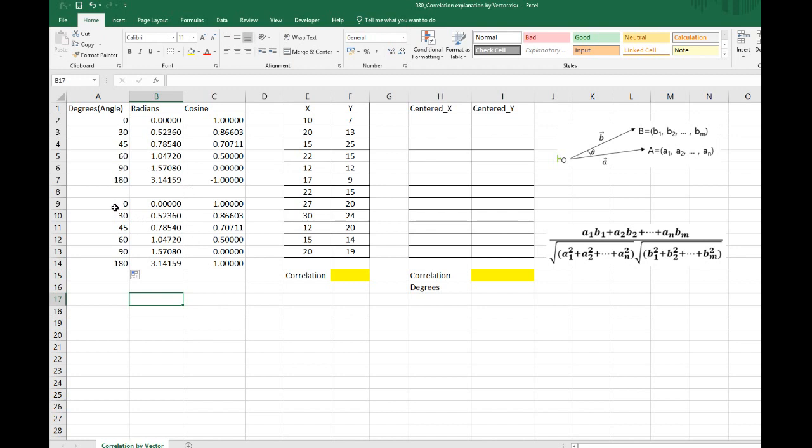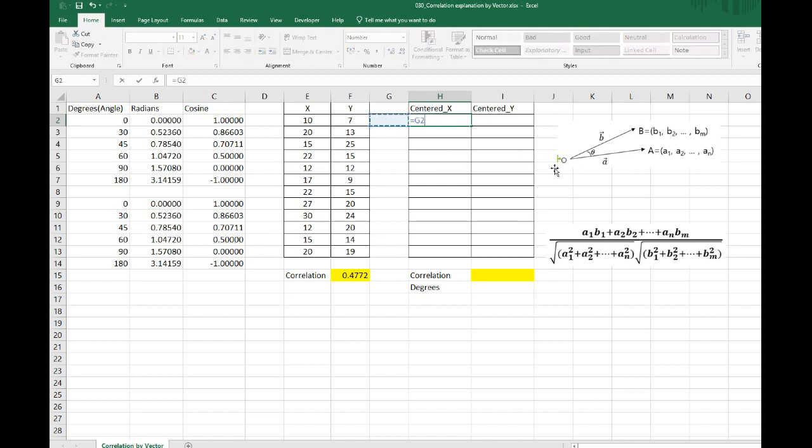So based on this knowledge, let's get correlation. In the previous slide, I showed you this data, and in Excel we can use the correlation function, CORREL, and select the first array, and comma, select the second array. Cool. So in order to get correlation by using the vector formula, we need to center the raw data.